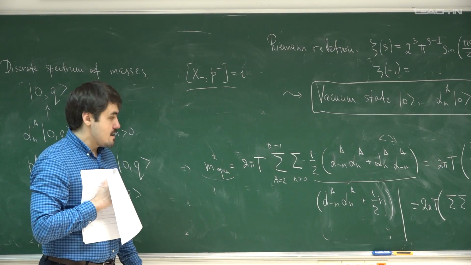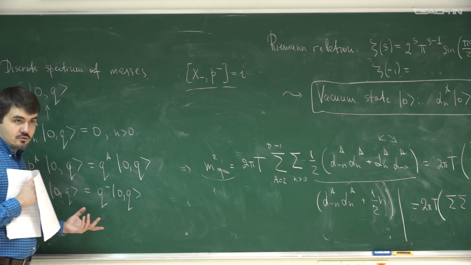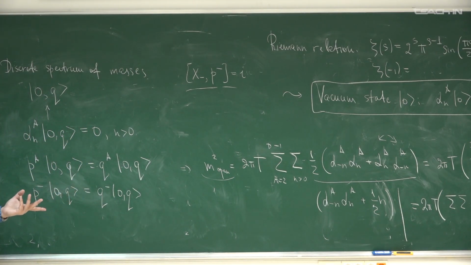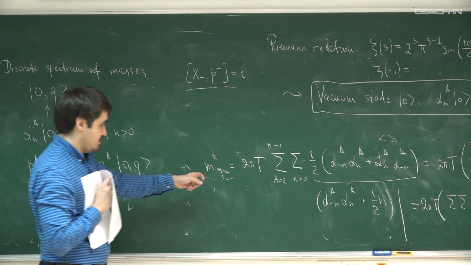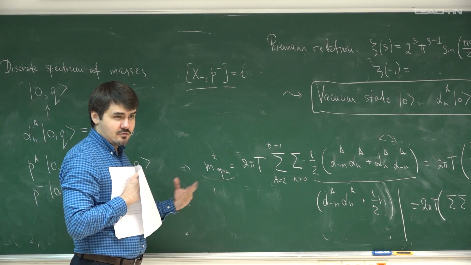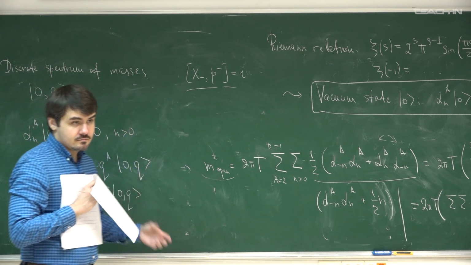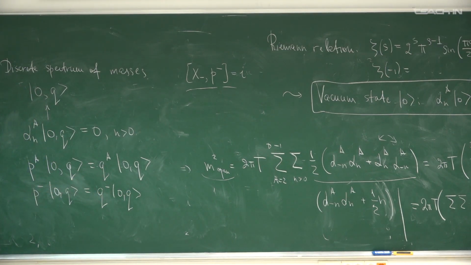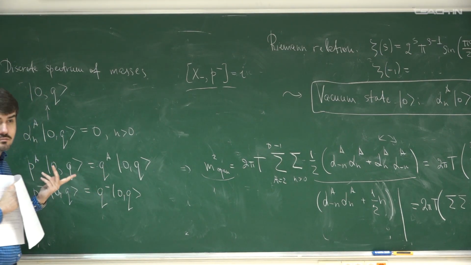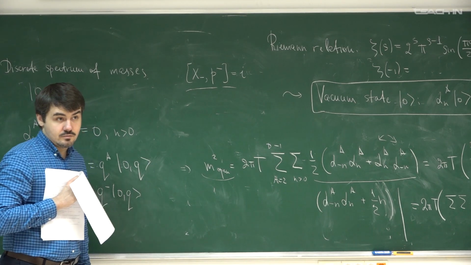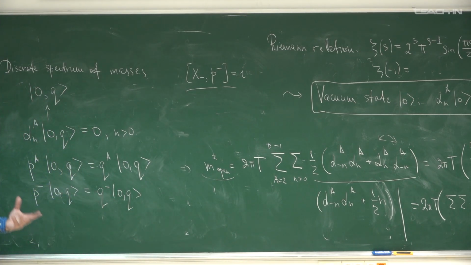So indeed, if you set all momenta to 0, pa squared will be 0. But there is still a contribution from the mass. It's like rest mass in a relativistic theory: the rest mass gives you non-zero energy, equal to the mass.